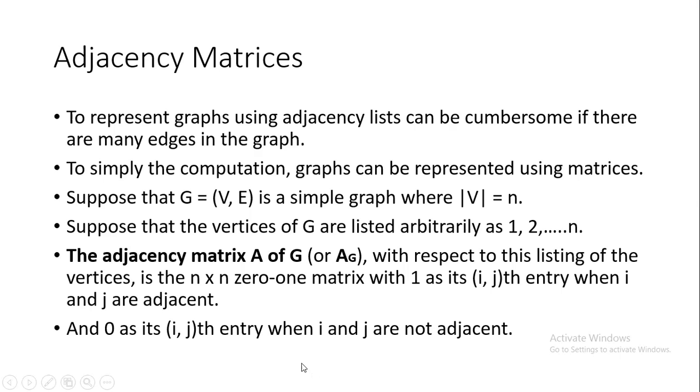When i and j are not connected, meaning there is no edge present between i and j, then the value will definitely be 0. That's why this matrix is called a 0-1 adjacency matrix. Understood? 0 stands for no edge and 1 stands for the edge is present.